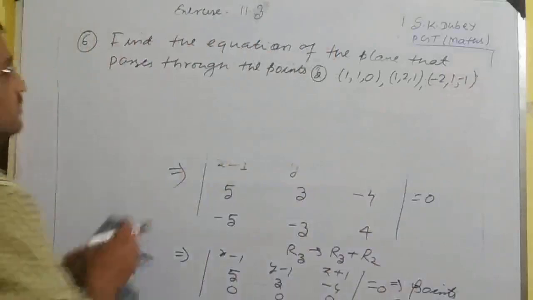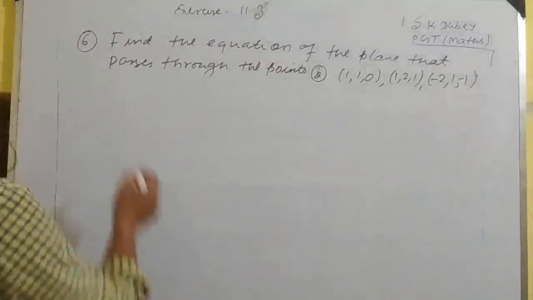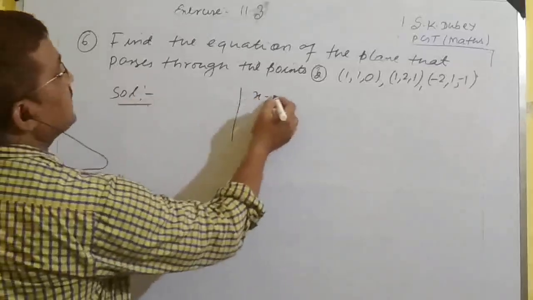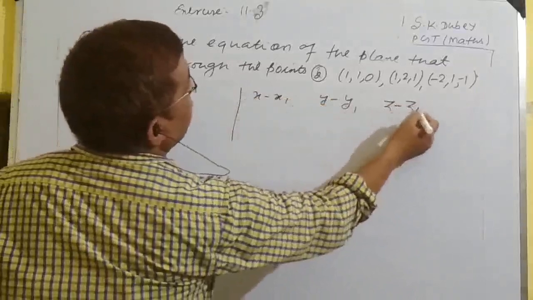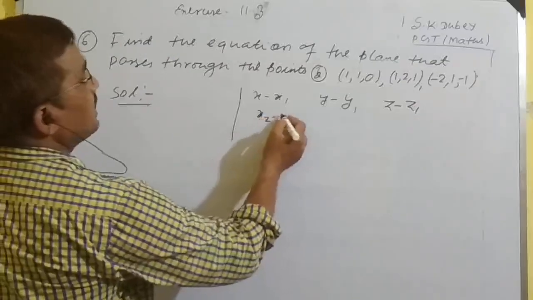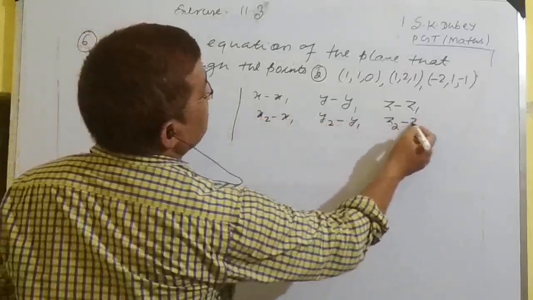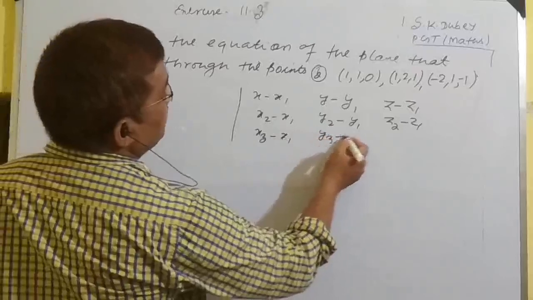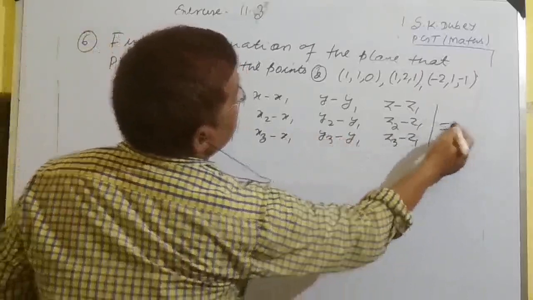Again, we have to use the same formula, that is the equation of the plane passing through 3 points: the determinant of x minus x1, y minus y1, z minus z1; x2 minus x1, y2 minus y1, z2 minus z1; x3 minus x1, y3 minus y1, z3 minus z1 is equal to 0.